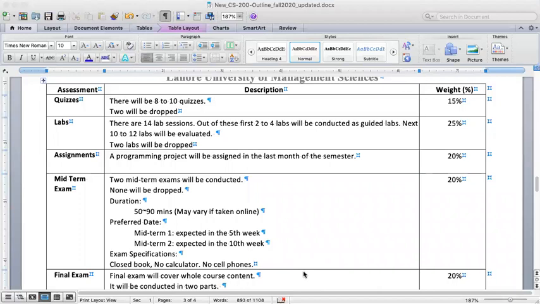The division, though I've given a number here, which is 2 to 4 labs will be conducted as a guided lab. In fact, the number of guided labs would be more compared to what we have written here. So we'll try to increase these guided labs and the evaluated labs. Well, all the labs would be evaluated, but the guided labs or the practice labs may have lower weightage, right? So we'll announce that beforehand.